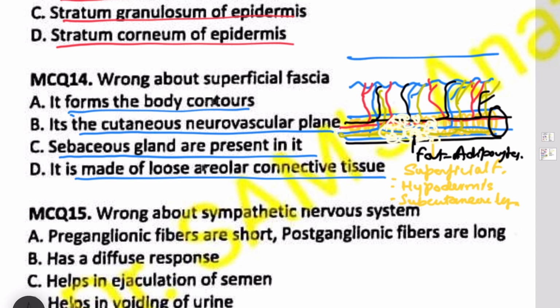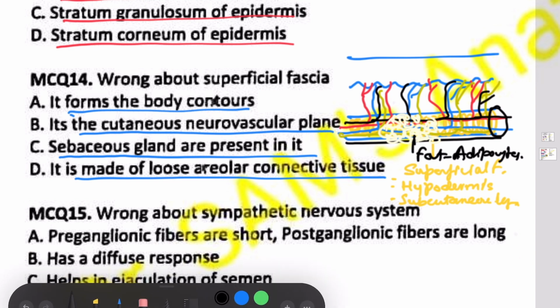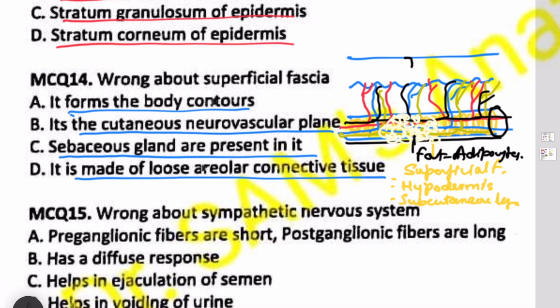And of course, at certain places where you don't have this amount of fat, you instead have loose areolar connective tissue below the dermis. And one more thing: you know that this was the hair follicle. You had the hairy apparatus here.